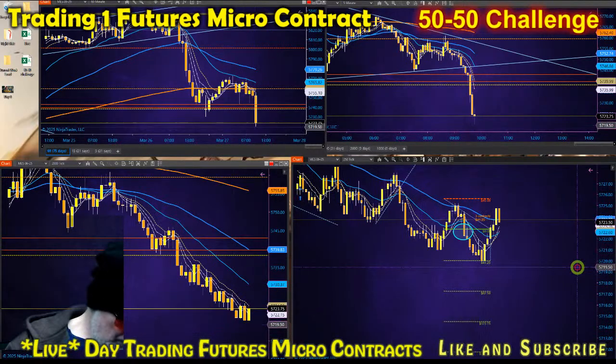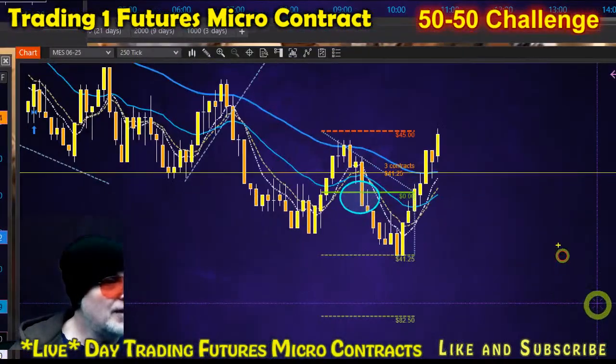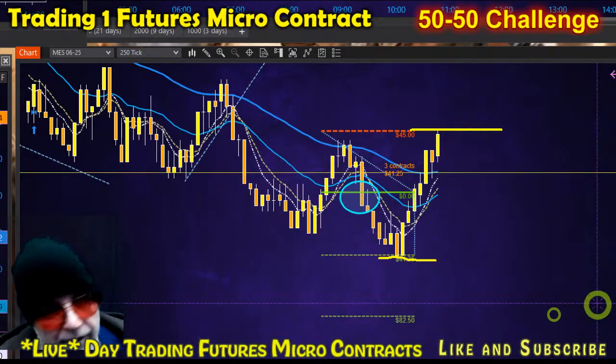Well, we've got a 1-to-1 on it. And by the time I would not be wanting to stay in this thing. It would have stopped me out. Yep, would have stopped out, but it would have hit the 1-to-1 target.